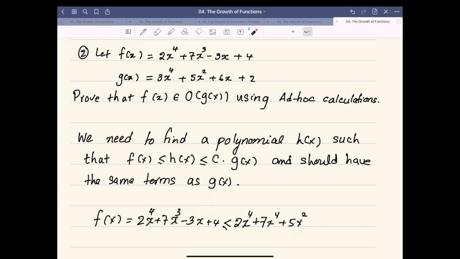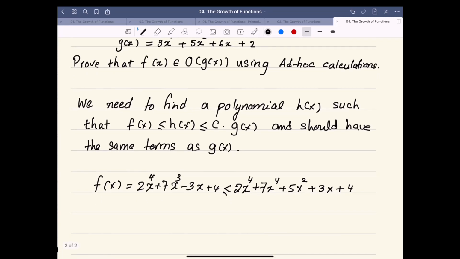Also, this negative number, we will convert it into positive because in g of x we have it positive. So minus 3x, we will simply replace it by plus 3x. And again, since minus 3x is less than 3x, this polynomial is still less than or equal to this polynomial. And the constant, we will just keep it, which is plus 4.